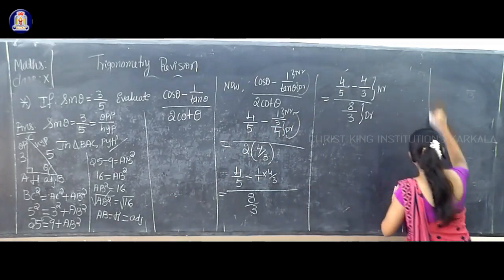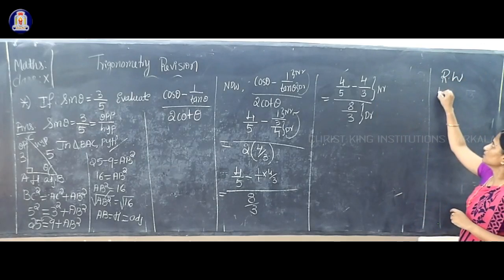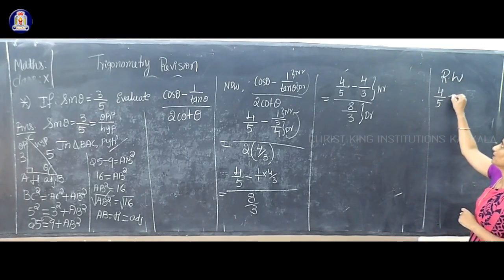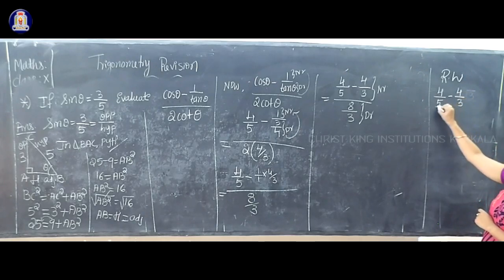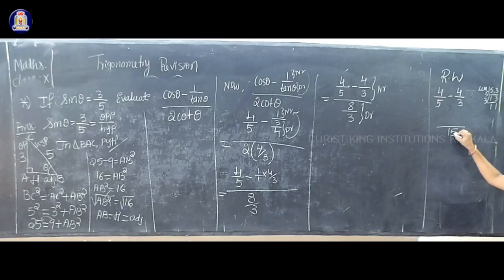This is your rough work. Numerator simplification: 4 divided by 5 minus 4 divided by 3. 5 and 3 are different, so what is the LCM? 5 into 3 is 15, since 5 and 3 have no common factor. 5 times 3 is 15.